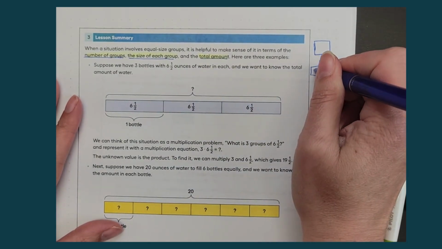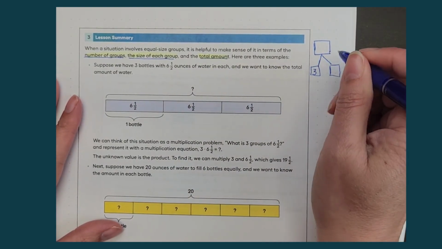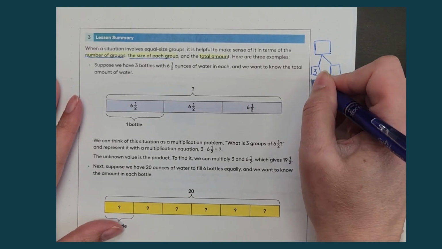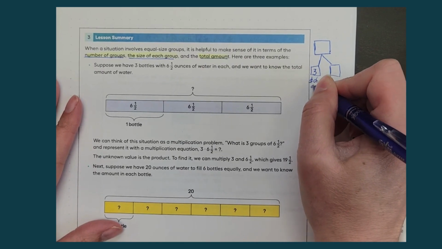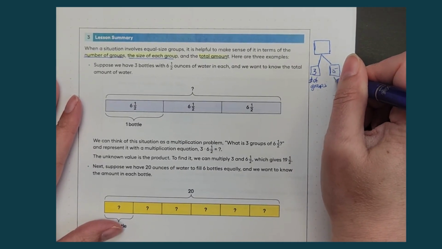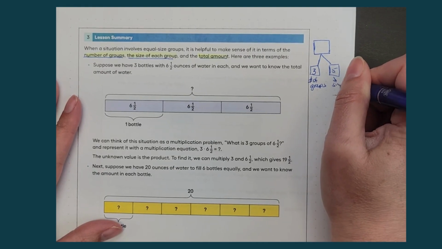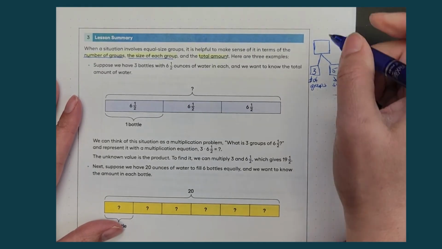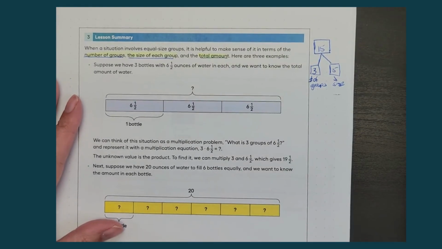So if I have 3 as my number of groups, and my size of the group is 5, I have 5 things in each one. My total amount is 15, right?